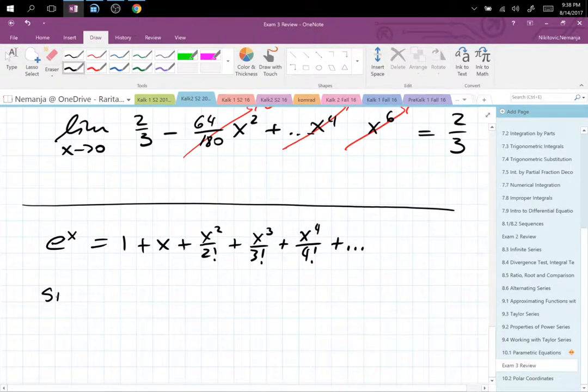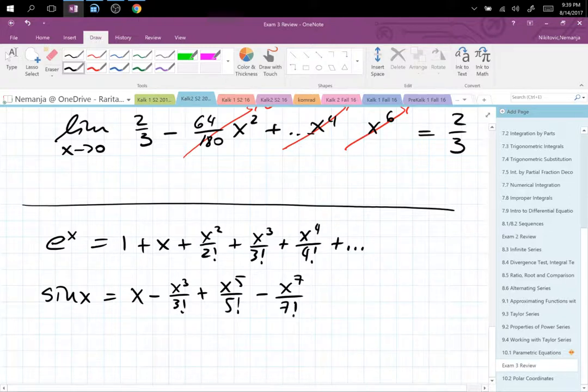So memorize that sine x expands as x minus x cubed over 3 factorial plus x to the 5 over 5 factorial. If you know some mathematics, you would know that sine is an odd function. So you should have all odd exponents, x to the 1, x to the 3, and the same factorials in the denominator: power of 3, 3 factorial, power of 5, 5 factorial.